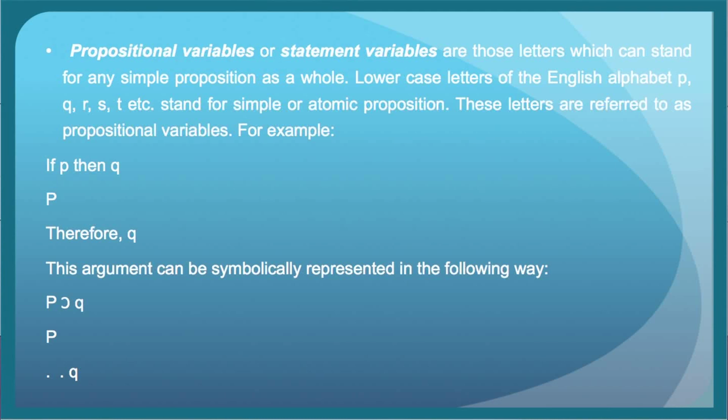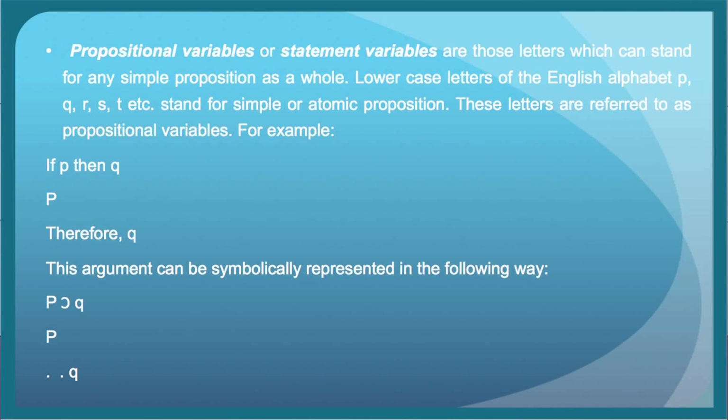Lowercase letters of the English alphabet, P, Q, R, S, T, generally stand for simple or atomic propositions, so these letters are referred to as propositional variables.